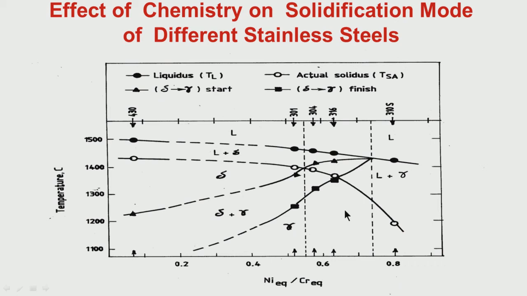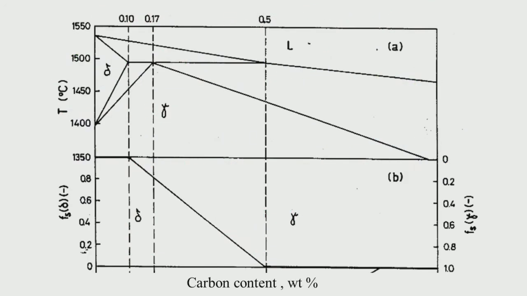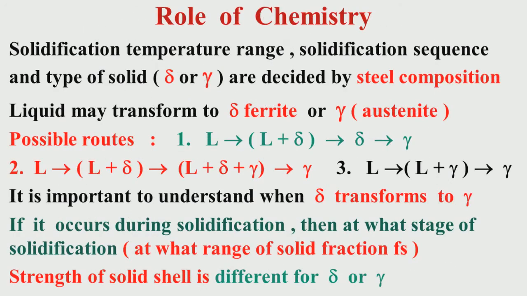So, I have tried to explain the role of chemistry: what the solidification temperature range is, how the solidification sequence will change with chemistry, and what types of solids, delta and gamma, form during solidification. Even beyond solidification, at lower temperatures, these relative proportions may change.